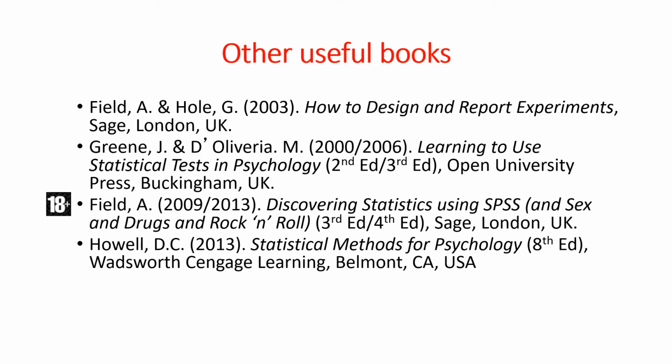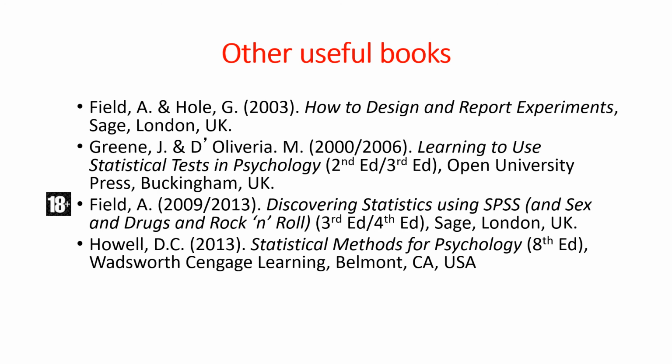If you're still looking for other useful books to understand statistics, I provided the names of a few books here, starting from the least difficult to the most difficult. Field is the least difficult book if you want to start with, and then gradually the books get more difficult and more complicated.